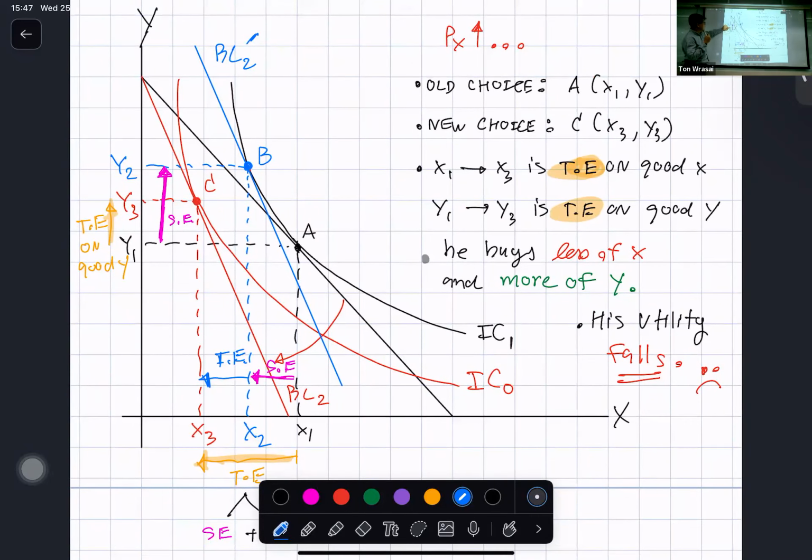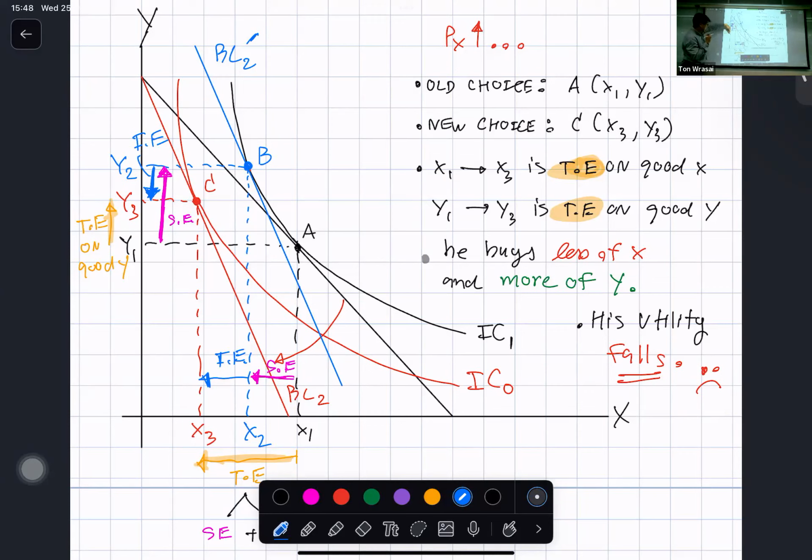Now good Y. Movement from B to C on good Y is here, from Y2 to Y3. Counter attack. Income effect: when his purchasing power is reduced and good Y is a normal good, he buys less of good Y because he becomes poorer.